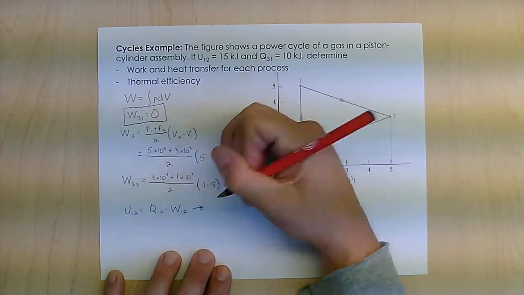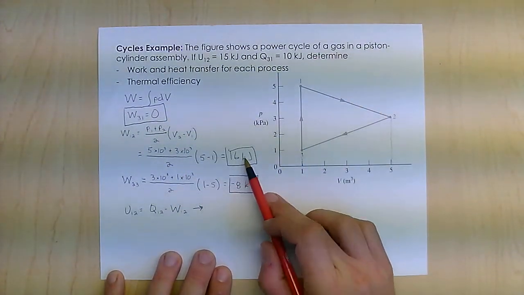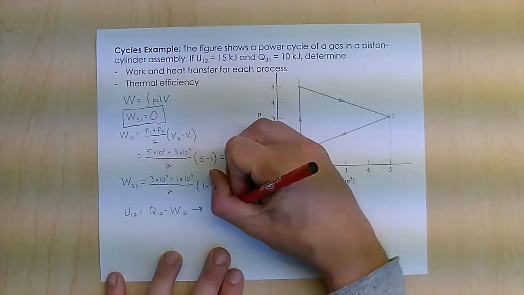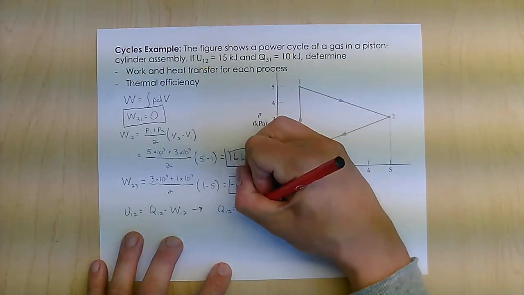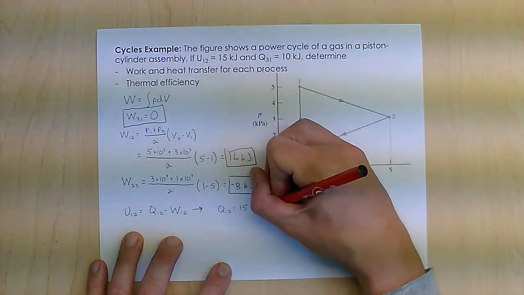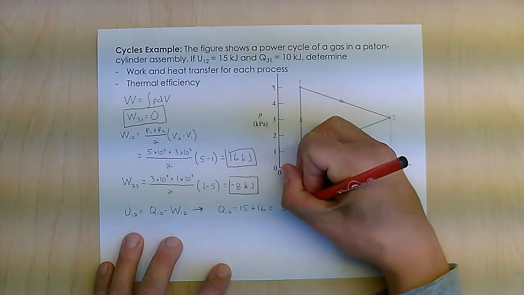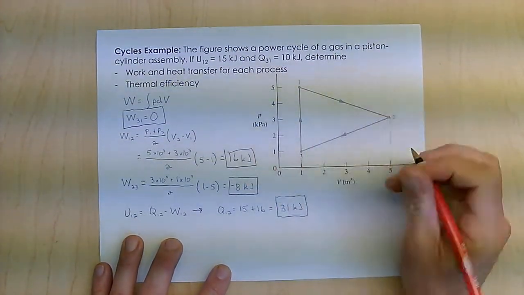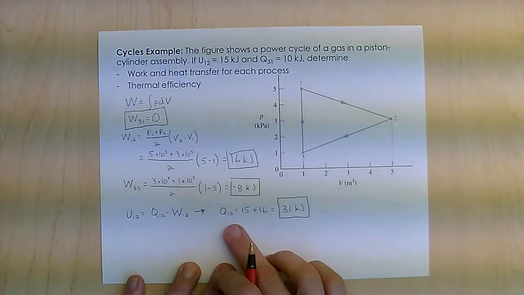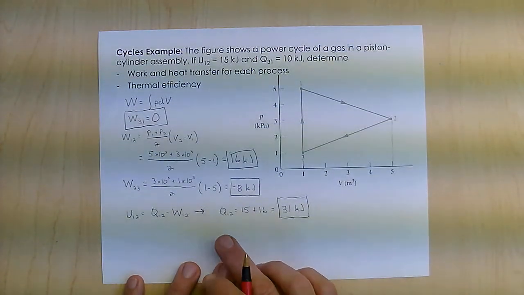I know the work 1 to 2 and I know U1 to 2, so I can calculate Q1 to 2 to be 15 plus 16 equals 31 kilojoules, which is the heat transfer 1 to 2.